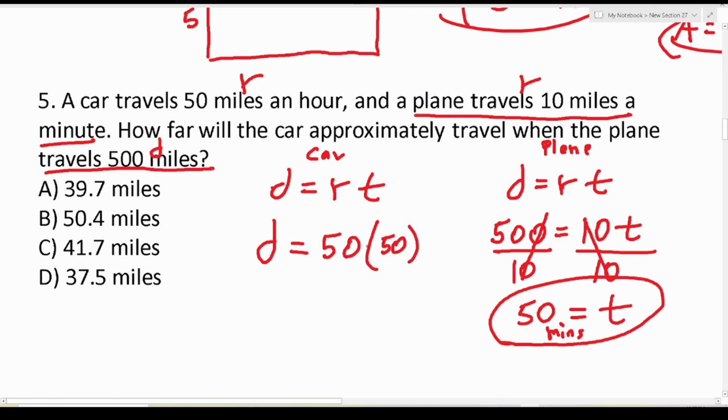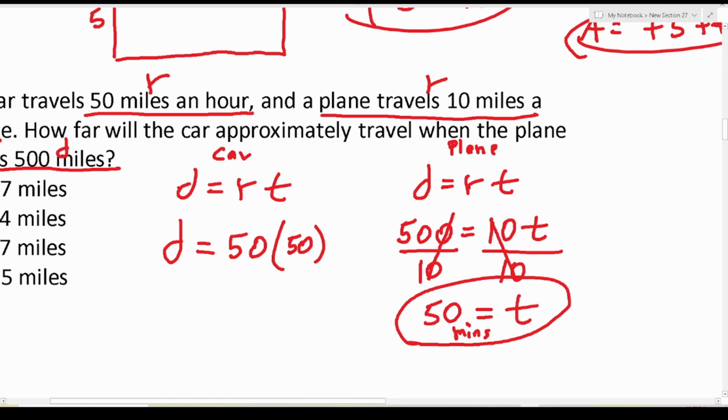That said, we have a little bit of a problem here. We know the rate of the car is given in terms of hours, whereas this time's in terms of minutes. So we can't just plug in 50 here and get the correct answer. Instead, we have to rewrite this minutes to be in terms of hours. Of course, that's pretty easy to do. 50 minutes is the same as 50 over 60 of an hour.